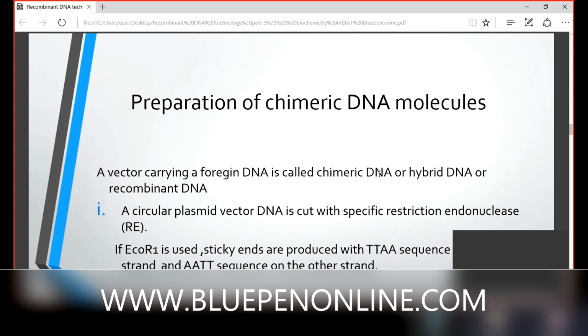Then the name of the enzyme: polymerization by reverse transcriptase. Within brackets you can write what this reverse transcriptase is: RNA dependent DNA polymerase.